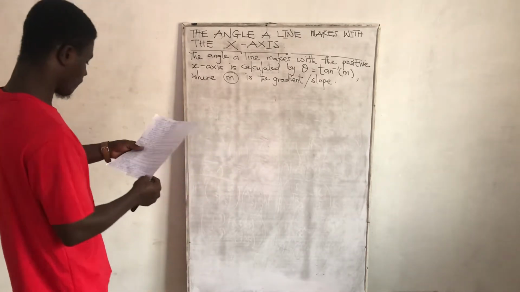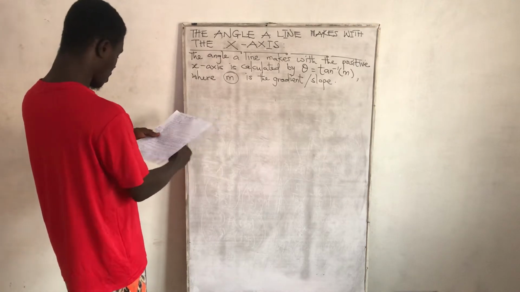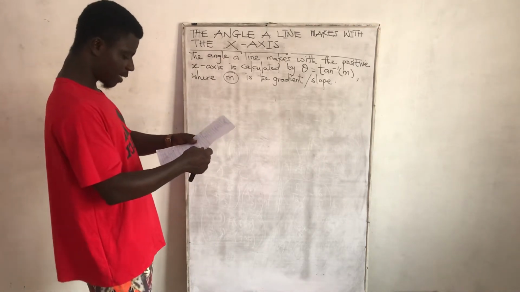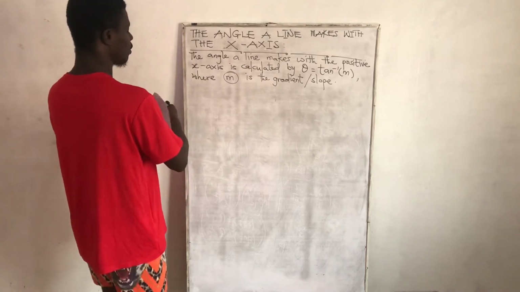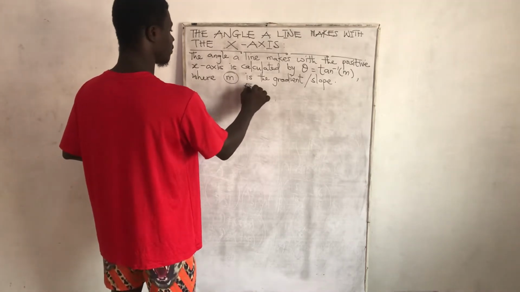So now let's see. Find the angle between the x-axis and the line joining the points. Let's start with examples here.